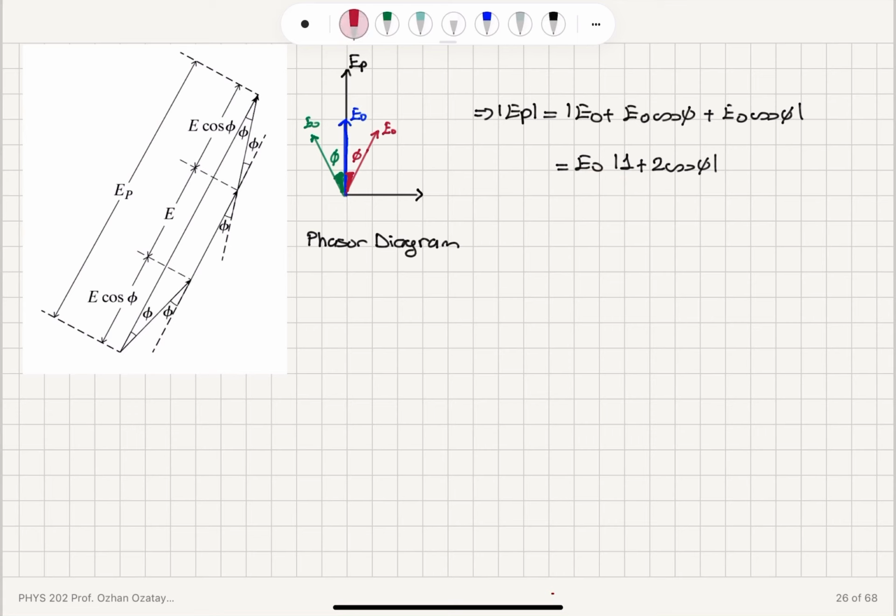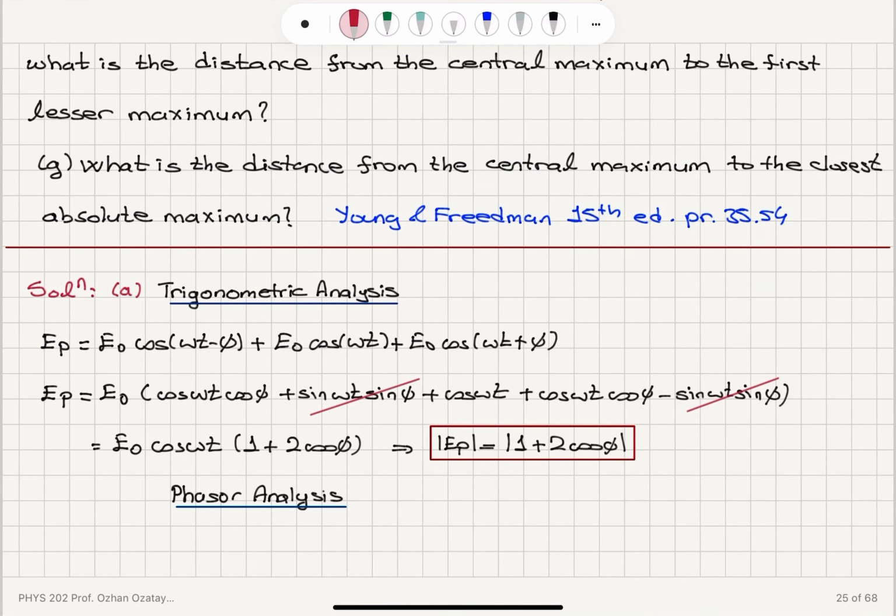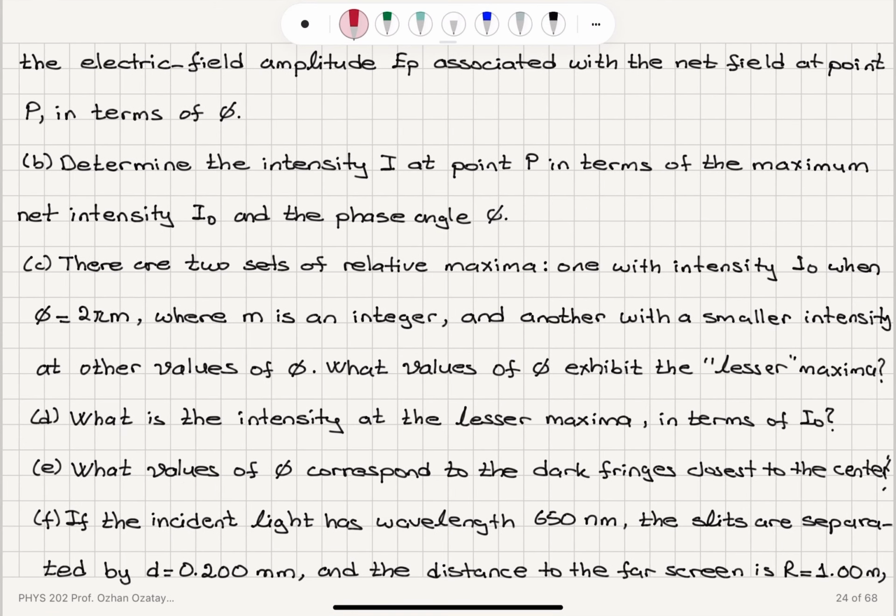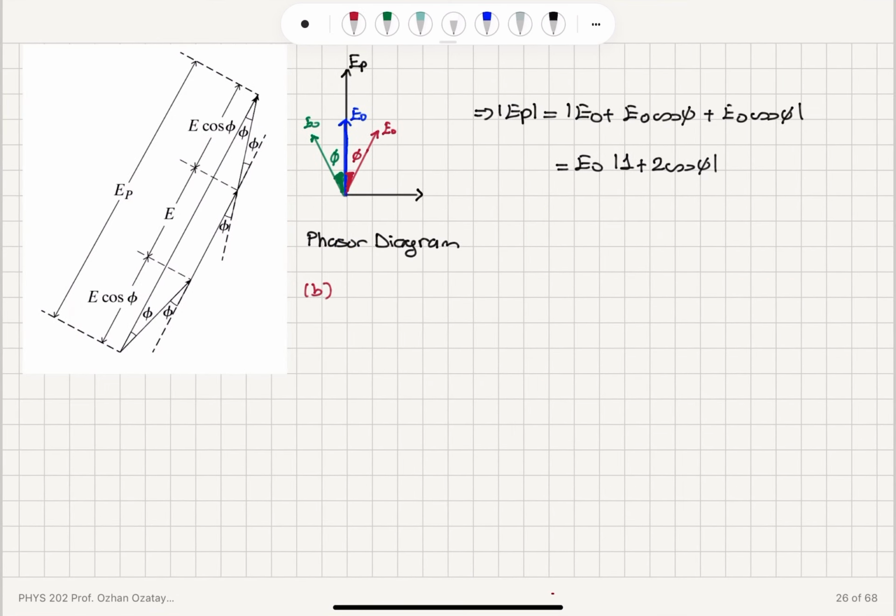Now part B asks us the intensity at point P in terms of the maximum intensity I0 and phase angle phi. Now we know that the intensity at any point is proportional to the magnitude of the electric field at that point squared. So the intensity is proportional to (1 plus 2 cosine phi) squared.